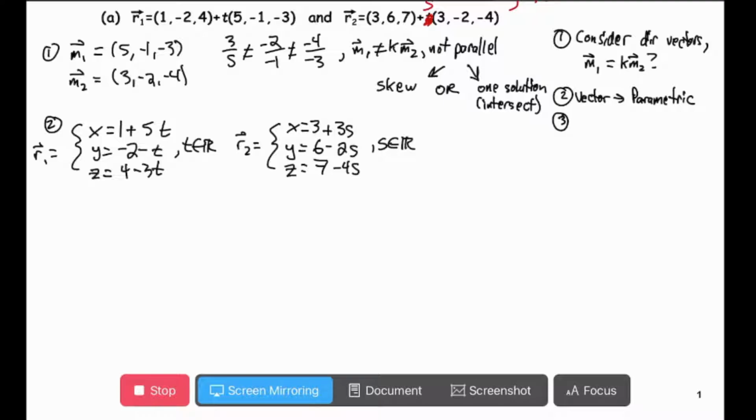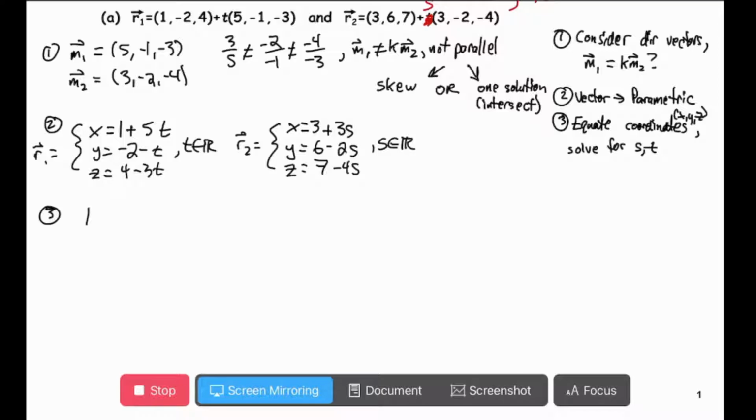Step 3, we are going to equate our coordinates. So that's our x, y, z. And we're going to solve for parameters, so s and t. I'm assuming the x's are equal if they exist at the same point.